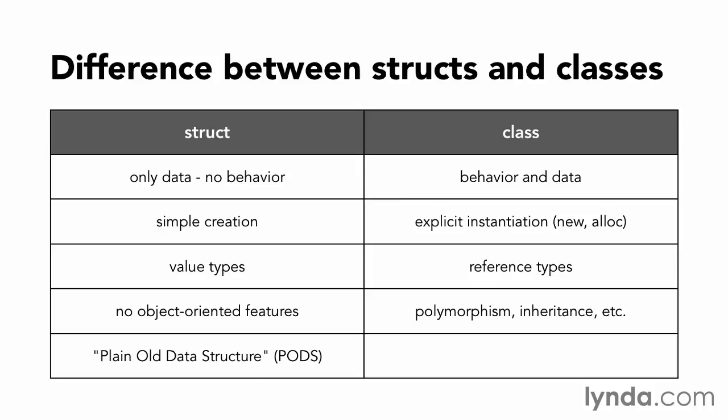C has no classes, no inheritance, no polymorphism, so structs have none of these things. And because of all this, because of their simplicity, structs are sometimes referred to as plain old data structures or pods. But even in object-oriented languages, this idea of structs is still useful now, because there are times when all we want is a simple, bare-bones, plain old data structure. We don't need the extra weight that comes with a class.